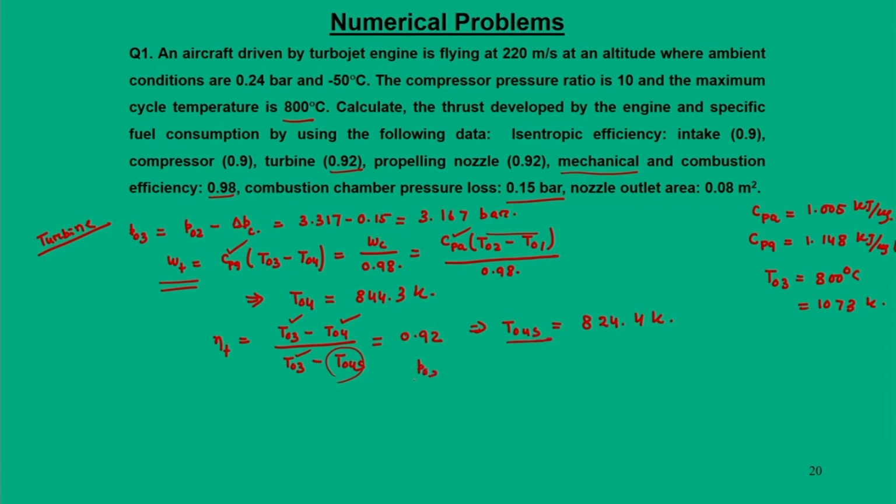And again once you know this, we can calculate P03 by P04 as (T03 by T04s) to the power gamma by gamma minus 1. Here gamma in the turbine is 1.33, T04s is known, T03 is 800 degree centigrade.